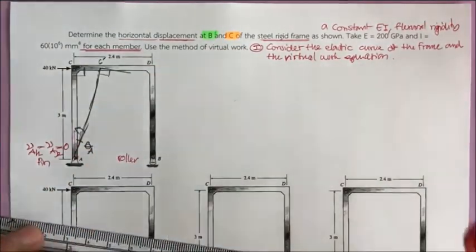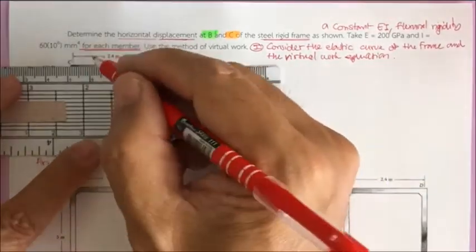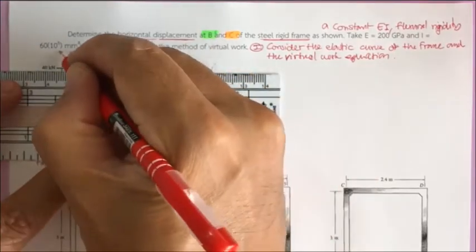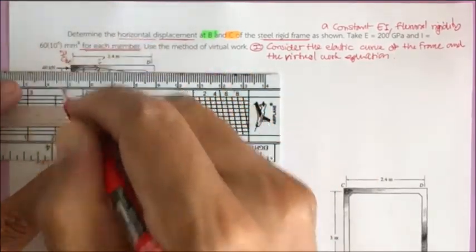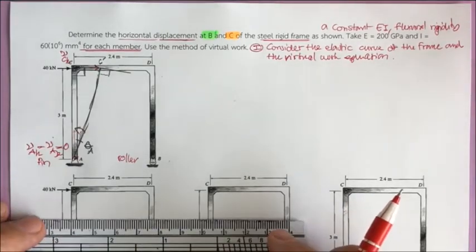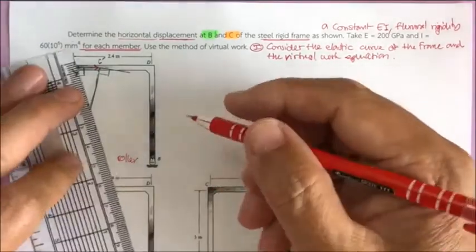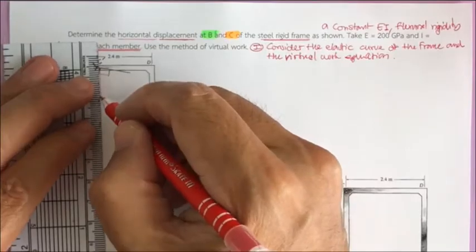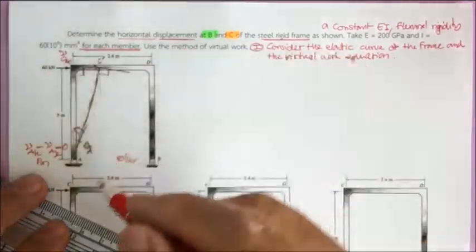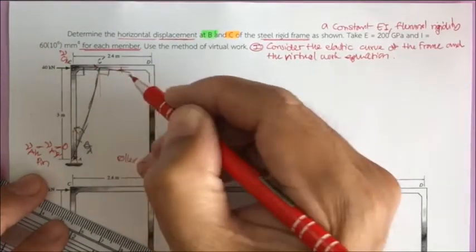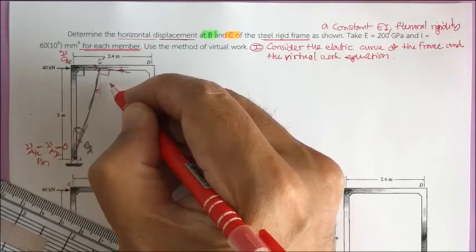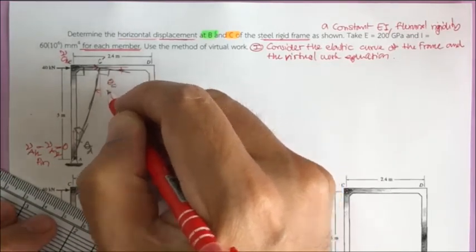Let the displacement from C to C prime be V sub C H, in the horizontal direction. At this point, the rotation of the joint C in the beam and in the column are going to be equal. Let it be zeta sub C.